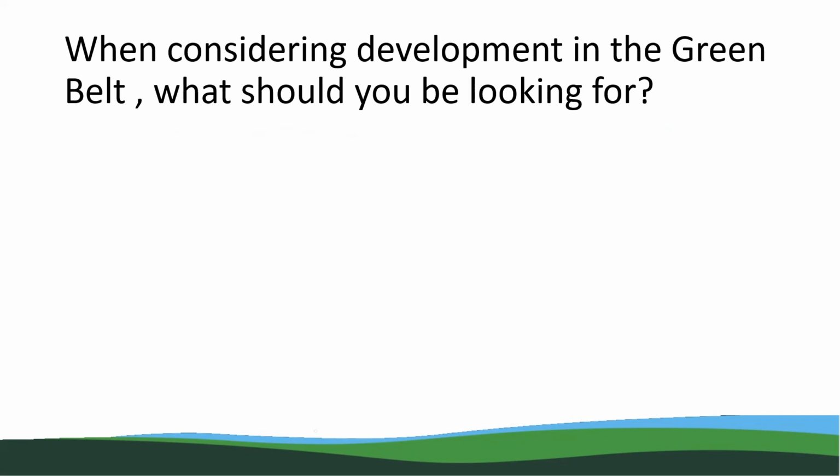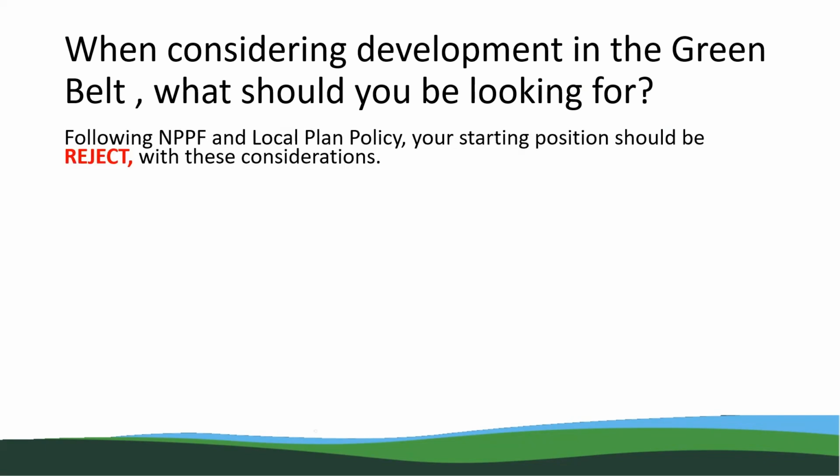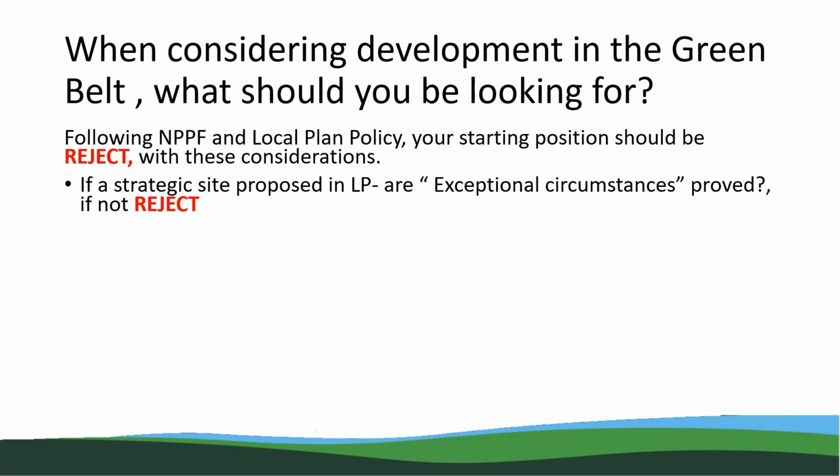So let's just conclude. When considering in the Oxford Green Belt, what should you be looking for? Well, following NPPF and local plan, your starting position should be reject with these considerations. If it is a strategic site proposed in the local plan, are exceptional circumstances proved?